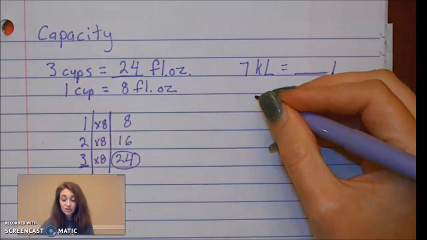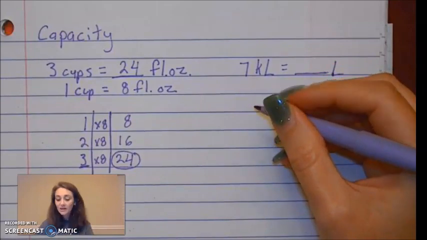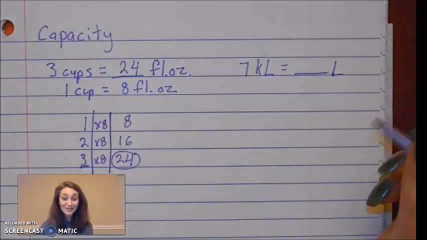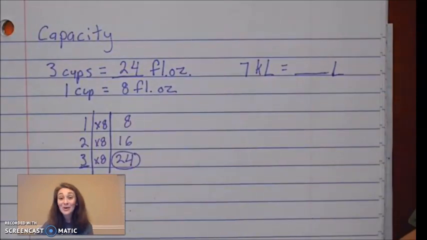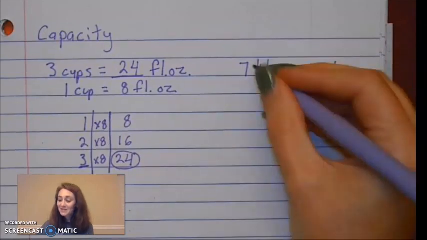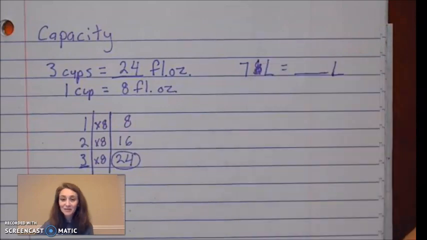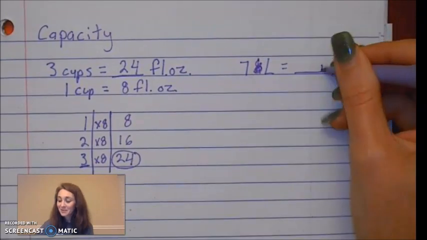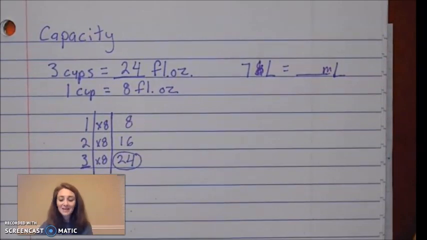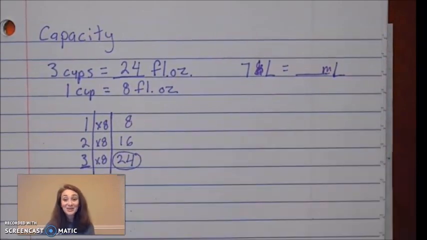Okay, if I look at my chart, well, it's not on your chart, sorry guys, but this one is in our notes that we took, kiloliters and liters. In fact, let's just change this. Let's go from liters to milliliters. And I apologize, but look, just like class, I messed up. All right, let's use one that's actually on your chart.